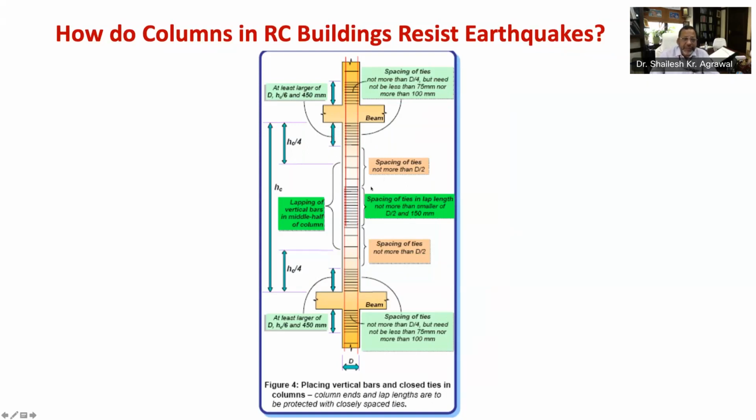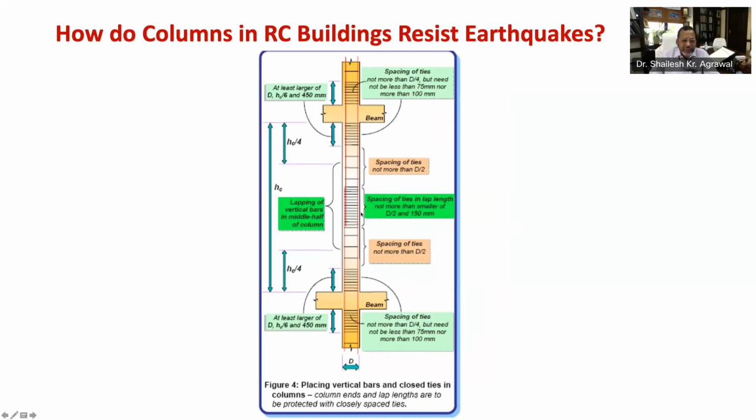The vertical spacing of ties at two ends and below beam column junction should not exceed d by 4, where d is the smallest dimension of column. That is, in a rectangular column, d is the length of the small side. This spacing should also not be less than 75 mm or more than 100 mm.